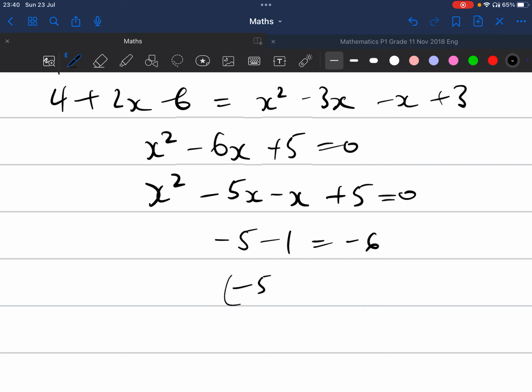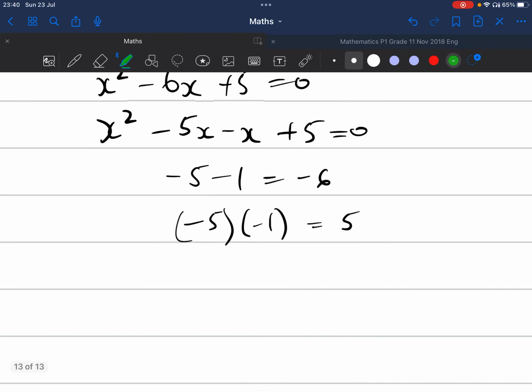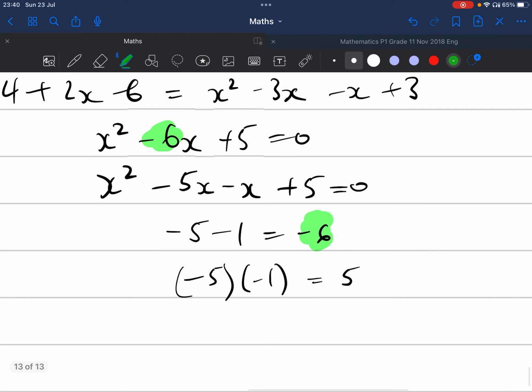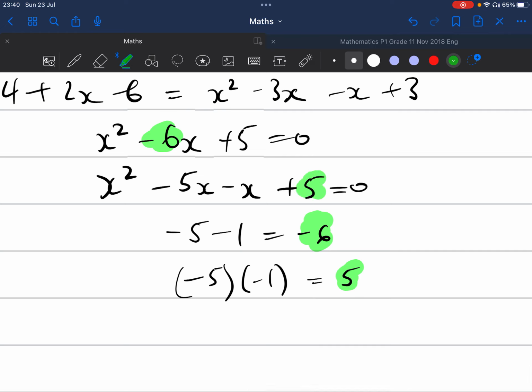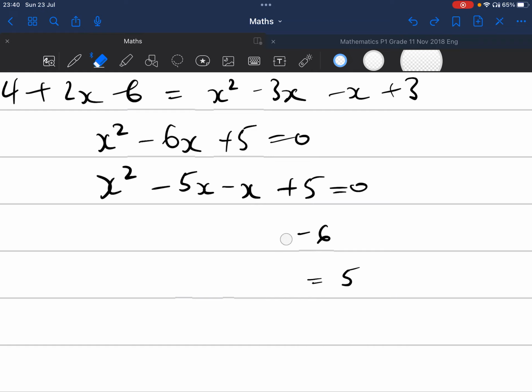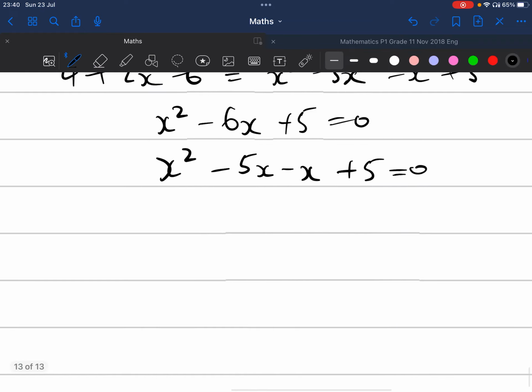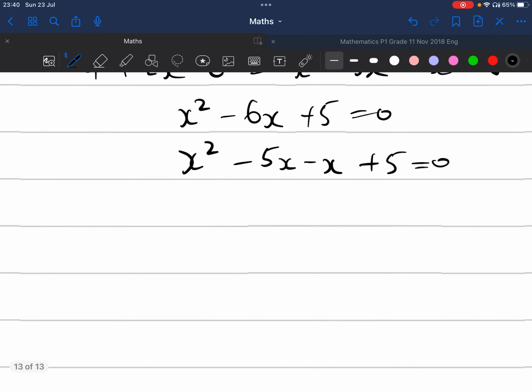If I take minus 5 times minus 1, I get 5. So there's our minus 6, and there's our plus 5. So that means that that works. Now that we have our factors, let's factorize. So I'll have x minus 5 minus 1 times x minus 5.